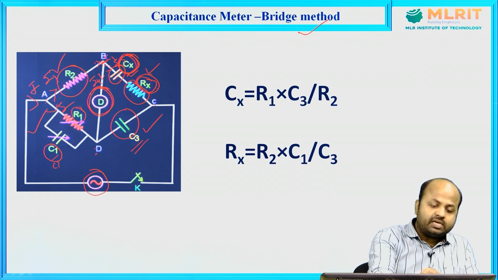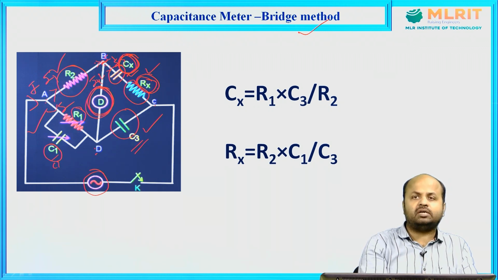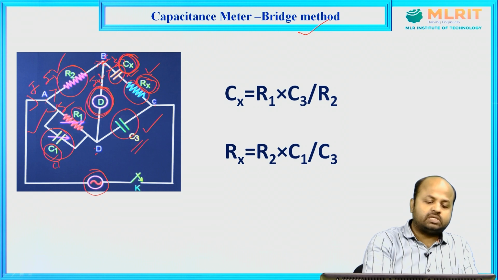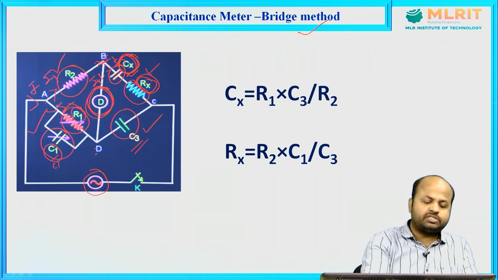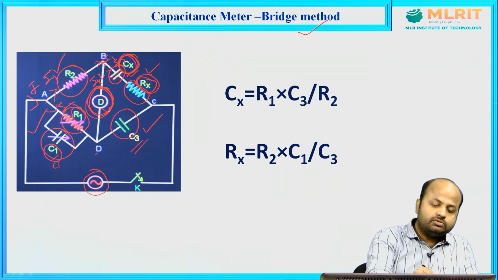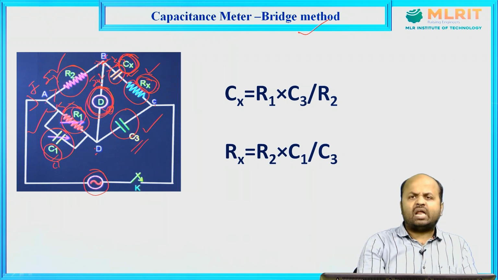When the current in the detector becomes zero, that stage is called balancing condition. And how to achieve it? By means of this variable capacitor and variable resistor. Just change its value, hit and trial, and make it zero. When it becomes zero, current in the detector circuit will be zero, and it will be in the balance condition.